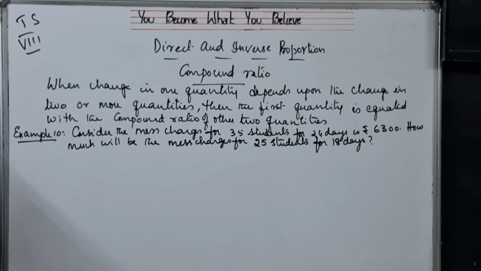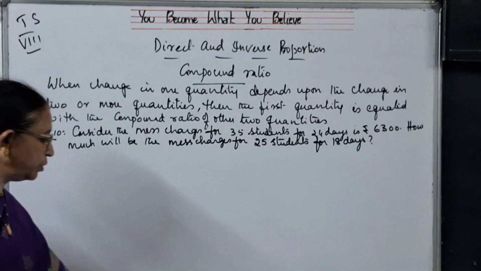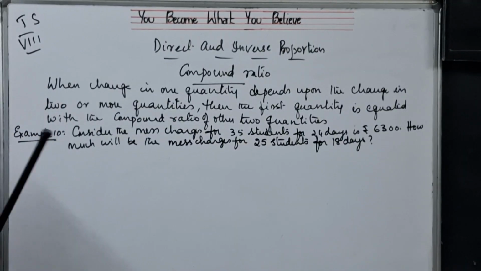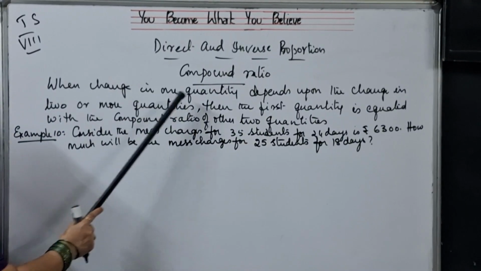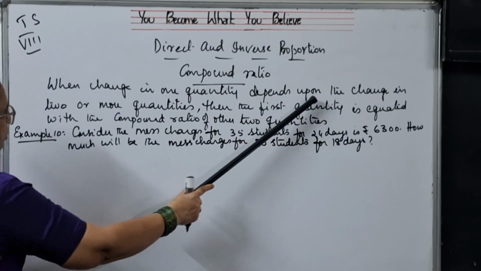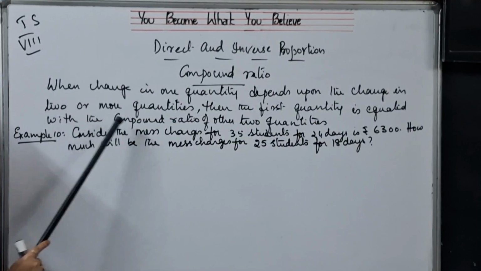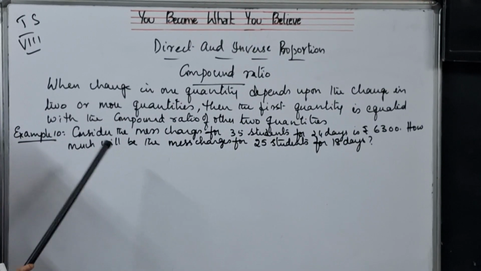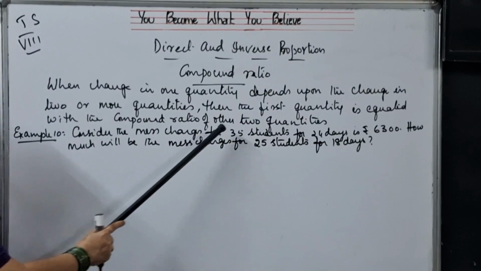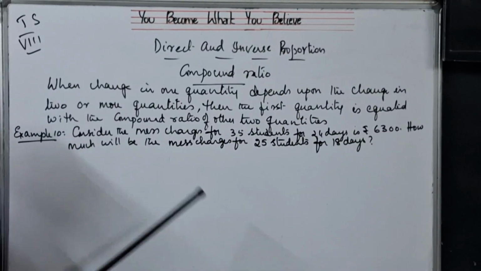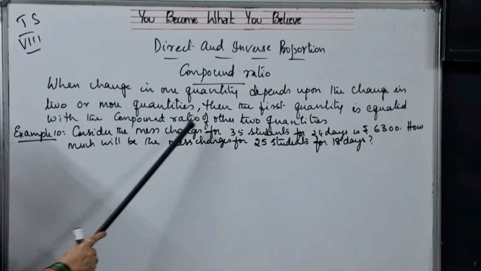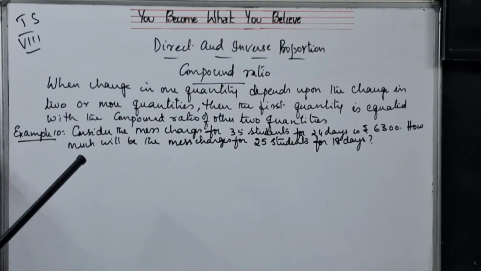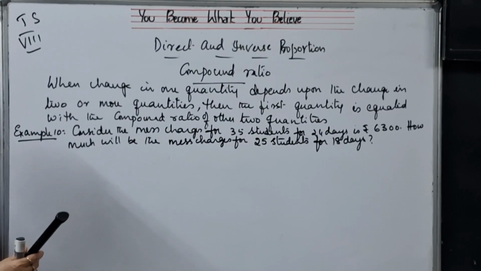See, the definition or the explanation that is given to the compound ratio can be taken like this: when change in one quantity depends upon the change in two or more quantities. Earlier there were only two, now more than two quantities. Then the first quantity is equated with the compound ratio of the other two quantities.